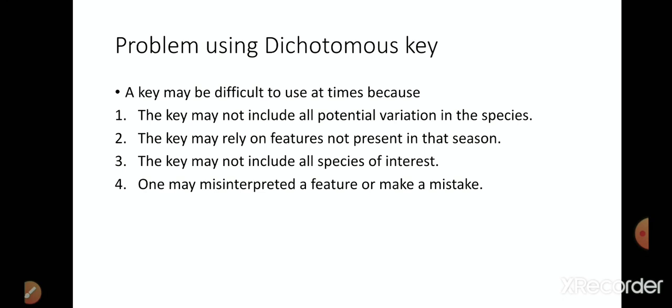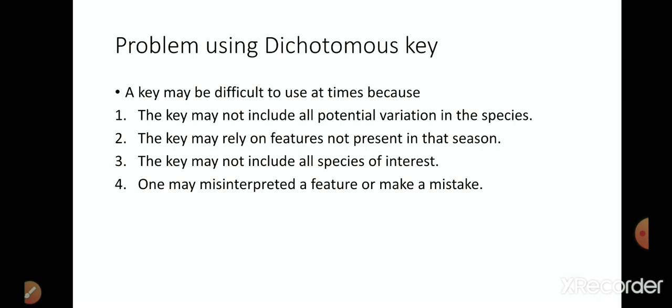These are seasonal characteristics, and they are not present in the dichotomous key, which does not rely on them, because some species show some characters in certain seasons, so they may be useful for identification. So the dichotomous key does not rely on features of organisms present in the season.